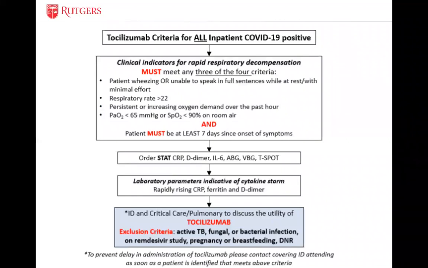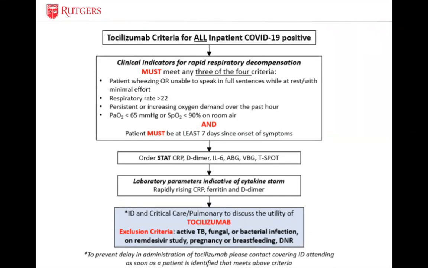And this is our latest iteration of our criteria. Now, as you can see, you must meet 3 or 4 criteria. You need to have this form of respiratory insufficiency, and you must have at least 7 days of onset of symptoms.